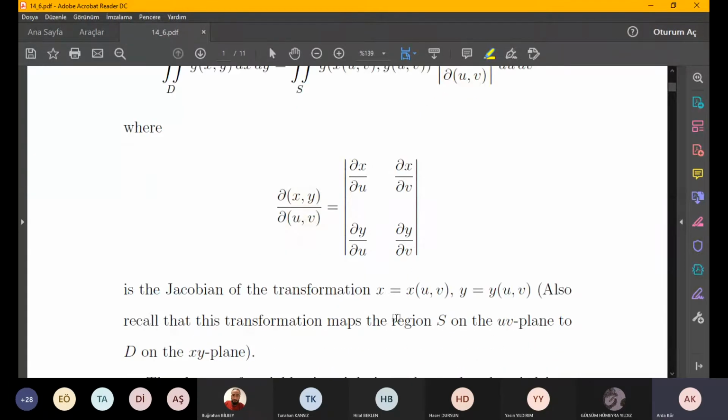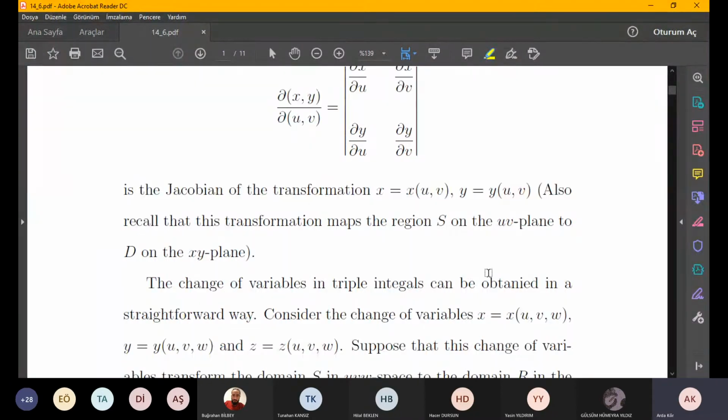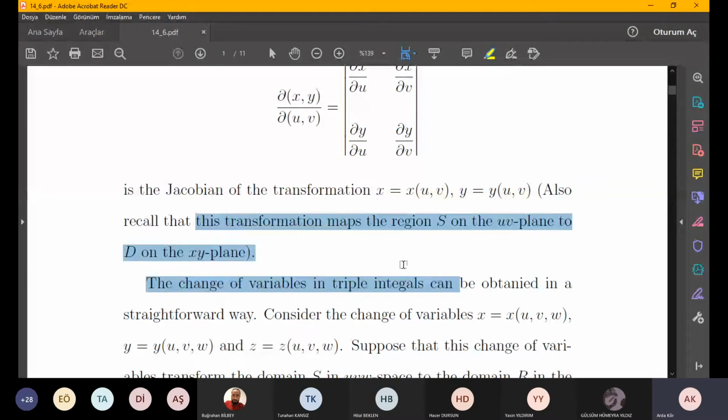If you remember, this is the transformation of x as a function of u, v and y as a function of u, v. And let's remind it, this transformation maps the region S on the uv plane to D on the xy plane.